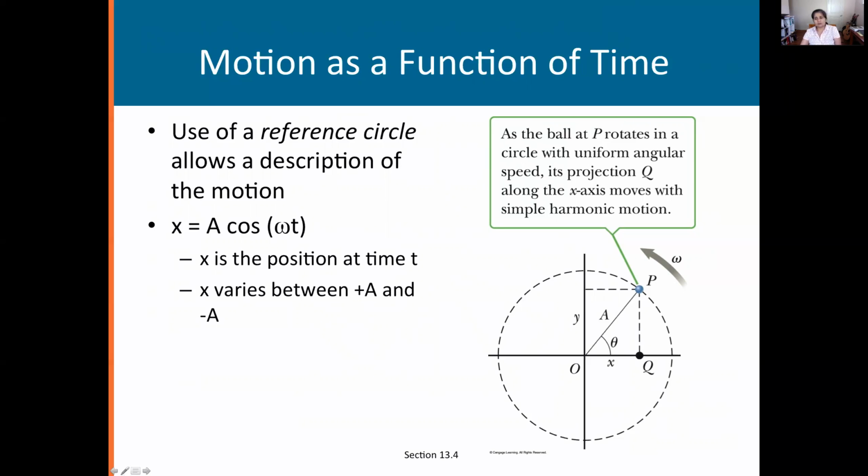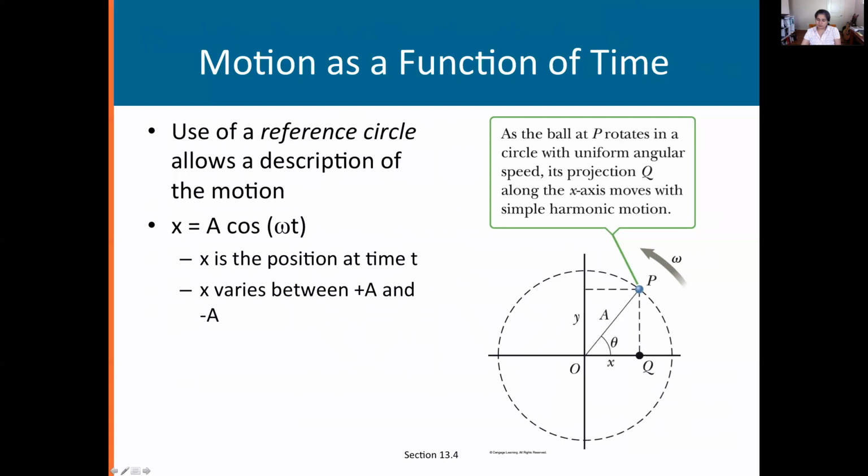So we can see clearly here that if the radius here is written as uppercase A, then the distance x that Q is away from the origin is given by A cosine theta. When Q is at the origin, it's 0. So it's at equilibrium.